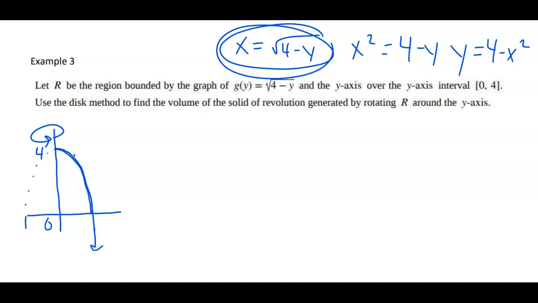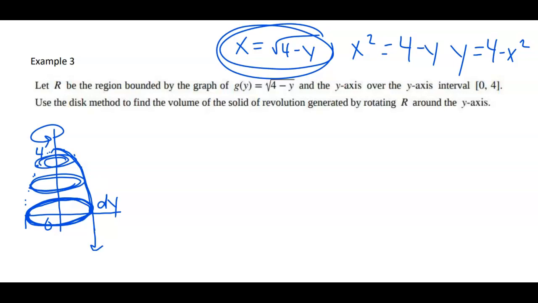I'm taking this and revolving it that way. So these disks, right, are going to look like this. So now their thickness is dy, and again, I would have multiple of these. Almost like a bullet shape, if you will.